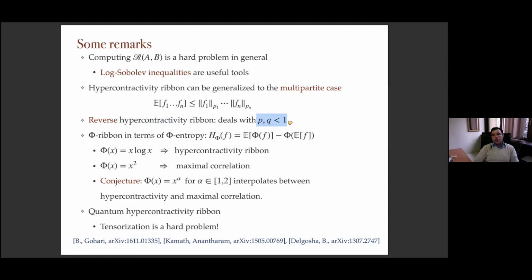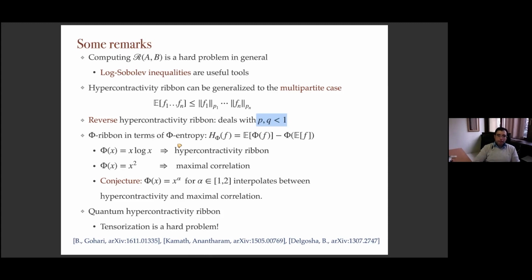The point is that our starting point when we were dealing with P and Q greater than 1 was the Holder inequality and Holder duality. The same kind of inequality, the reverse Holder inequality, holds for P and Q less than 1. In which case, then we can start talking about the theory of reverse hypercontractivity ribbons, and in this paper you can learn about this kind of inequalities.